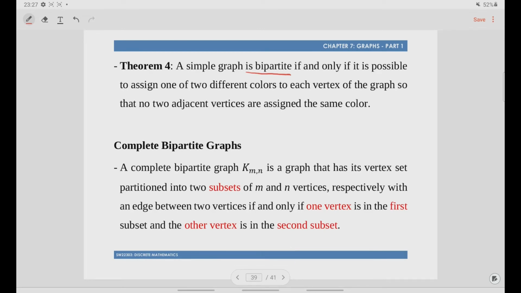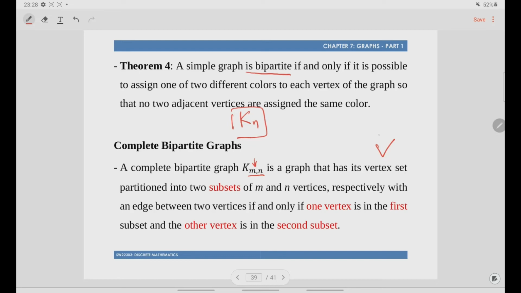Alright. So, a complete bipartite graph. Previously, for the complete graph, we have Kn. This notation is only for the simple complete graph. But for the complete bipartite graph, we have Kmn. Okay, we have an additional value here, m. So Kmn is a graph that has its vertex set V partitioned into two subsets of m and n vertices.